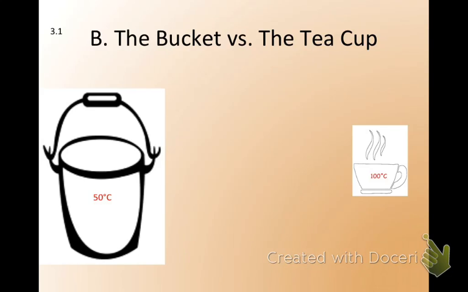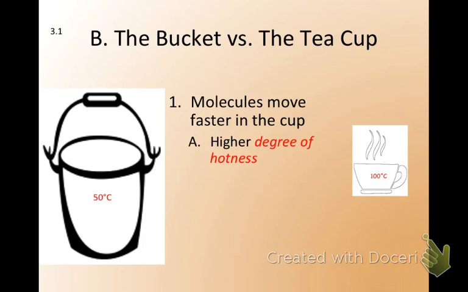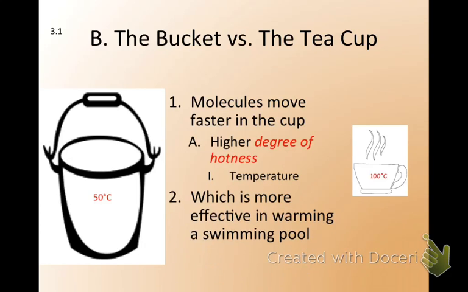And then I've got a small teacup on the right side, which is also full of water at 100 degrees Celsius. The molecules obviously move faster in the cup. We said that as the temperature goes up, the molecules speed up. We then can say that the teacup has a higher degree of hotness, and thus it's got a higher temperature.